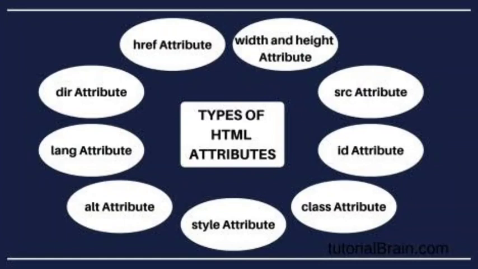Style attribute. It is used to specify the style for an element. Using the style attribute, you can specify inline CSS for an HTML element. CSS means Cascading Style Sheets. It's a language used to describe the styling of an HTML document.